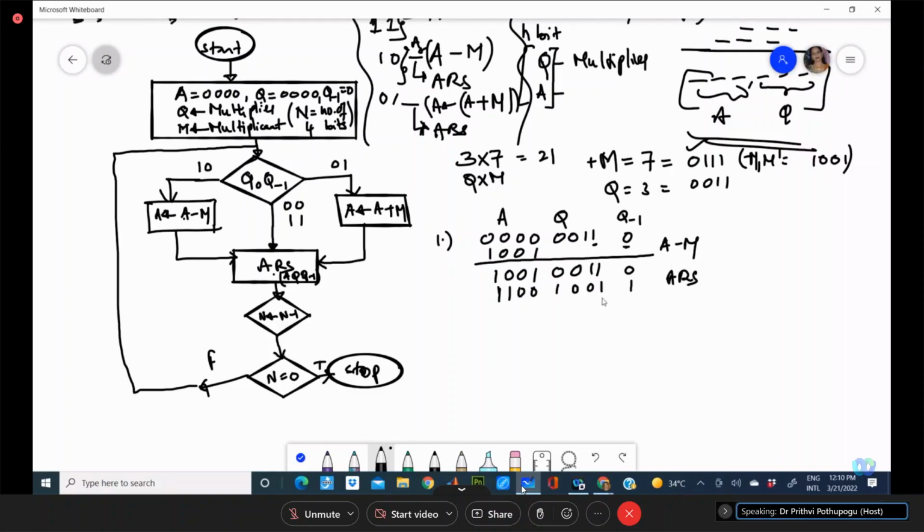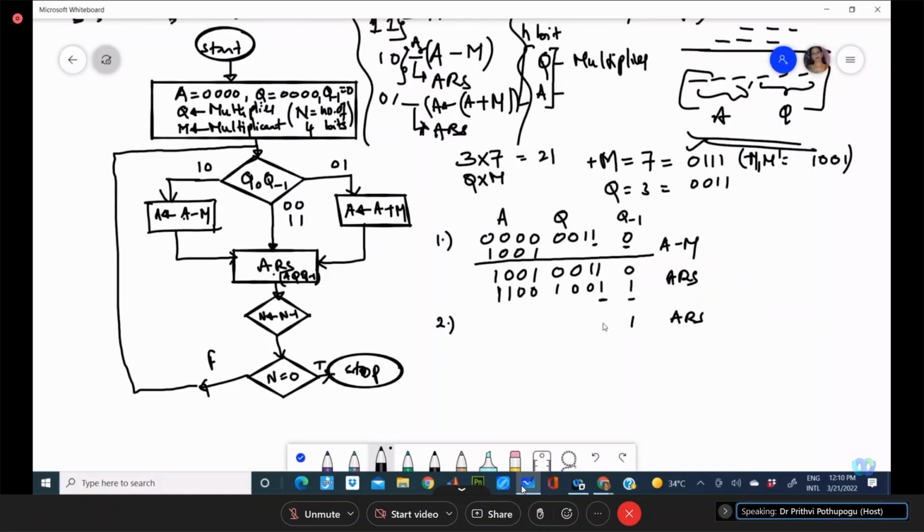Now again check these values here. This Q0 and Q minus 1 are both 1. The second step now. What is to be done? If both are 1, it is a simple arithmetic right shift. So do the simple arithmetic right shift. This 1 comes here.